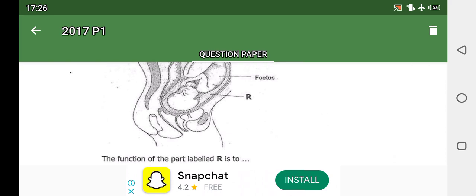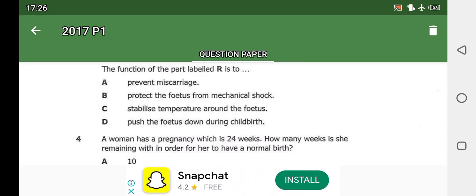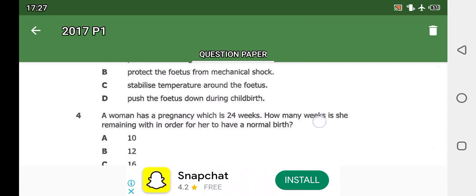It is amniotic fluid. So the best answer is not C, prevent miscarriage, no. Push the fetus down during birth, no. Stabilize temperature around the fetus, at least it is better, but it is not the best. The best answer is to protect the fetus from mechanical shocks.